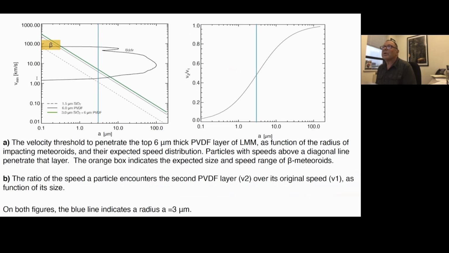And it turns out that most 3 micron particles would actually go through. There is a catch. As they go through the 3 micron film, they lose some speed. So the speed that you measure is not the incoming speed, but we have some modeling and lab results to tell you the slowdown as a function of mass and speed of the incoming. So the one on the right would tell you how to make a correction from the speed measurement between the films to the speed measurement that would be the speed of interest, the incoming velocity. The next slide.